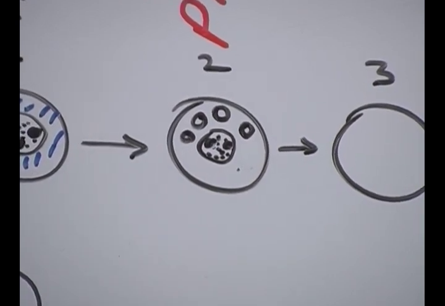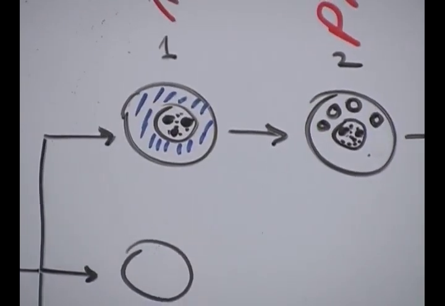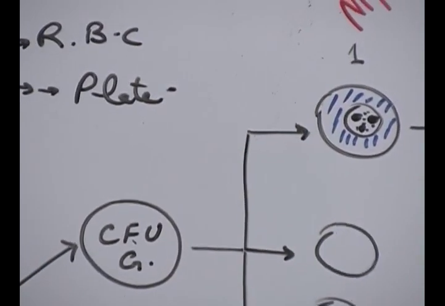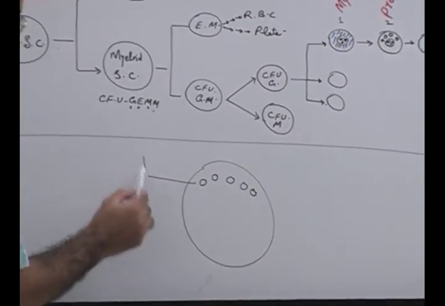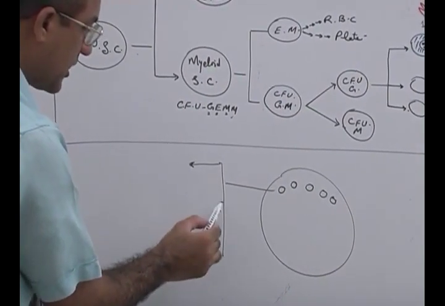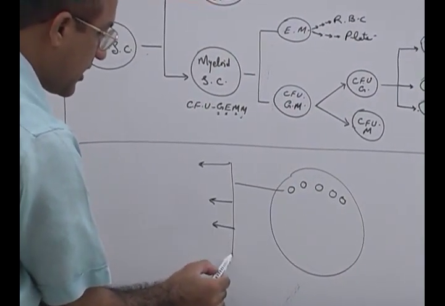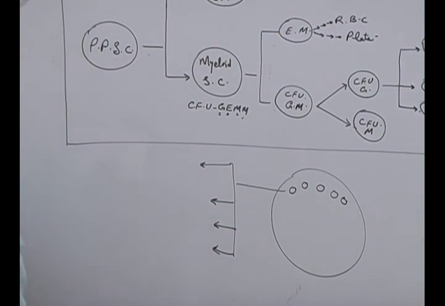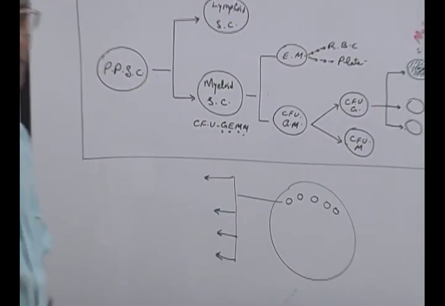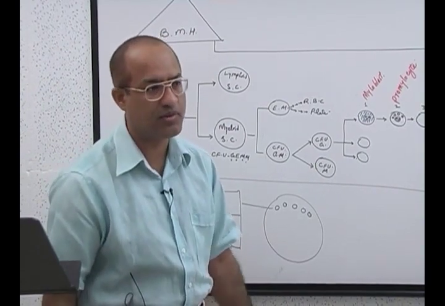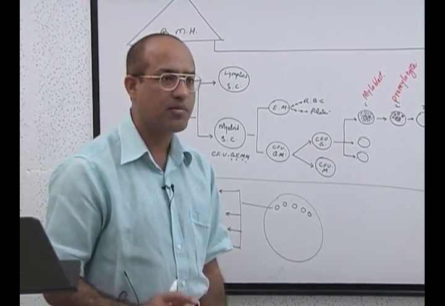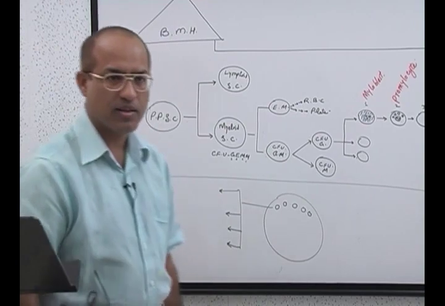Now here I'm going to make this cell, and these are the non-specific granules. Actually, I don't know why students get so confused about these granules, because these are named in many ways. The same granule has, very unfortunately, four names. So different books and different MCQs may have different names but referring to the same granule.